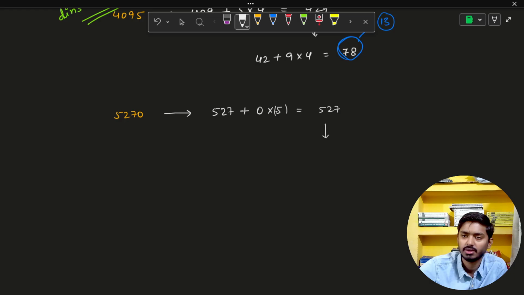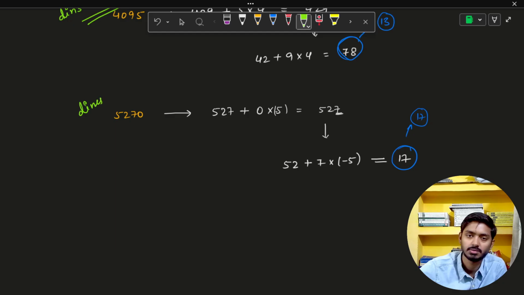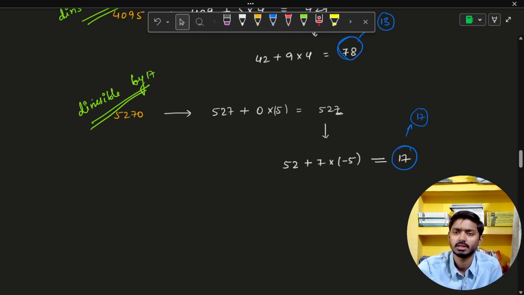We'll carry on with 52 and 7. We take 7, the unit digit, separately, and multiply it by the modifier. 52 minus 35 would give us 17, which is anyway divisible by 17. So we'll say this entire thing is divisible by 17. Very simple was that.